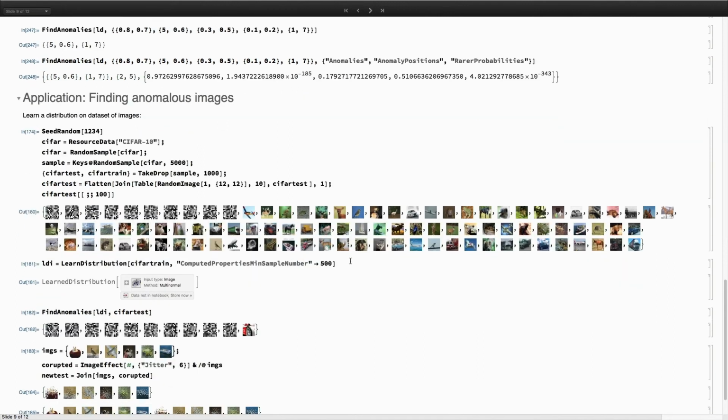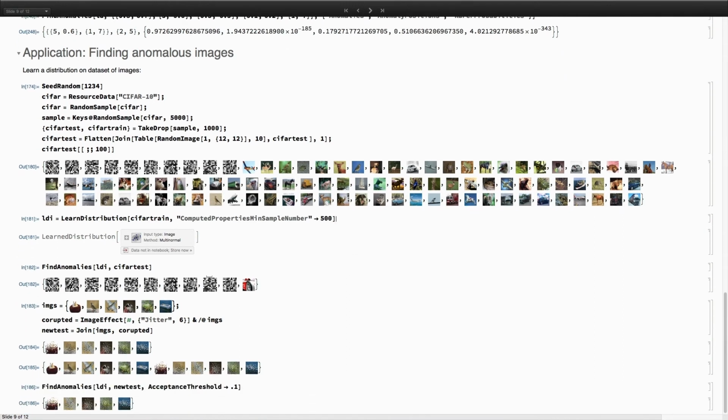So you can learn the distribution on those images, and you can ask for anomalous examples given that learned distribution. You can see it makes mistakes for sure, but you can change the acceptance threshold to explore different outputs. Here I also added some noise to a few examples of CIFAR-10, and you can get the noisy ones out as anomalies.